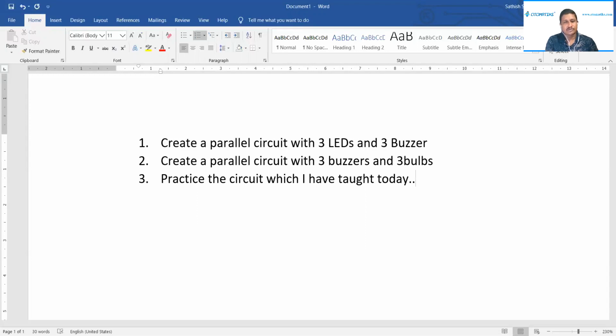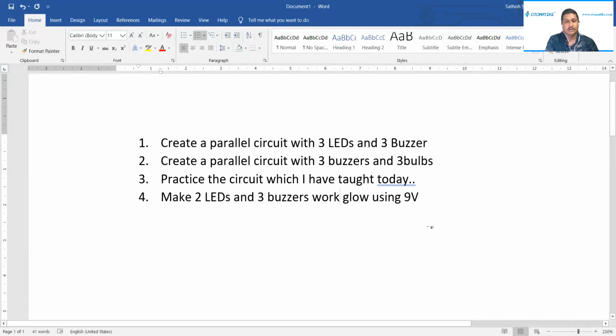Third, practice the circuit which I have taught today. The fourth circuit is make an LED glow using a 9-volt battery. See, again I repeat, let it be like 2 LEDs and 3 buzzers working with the 9-volt battery.